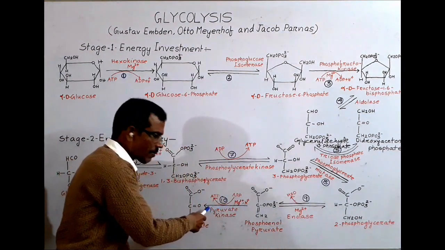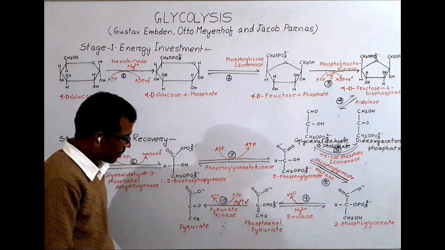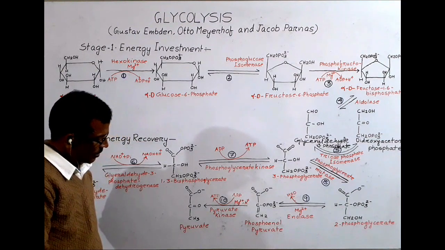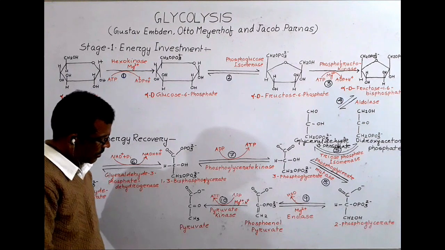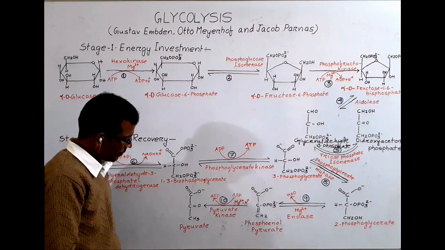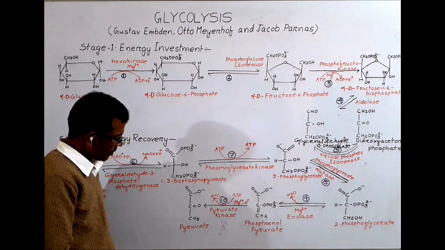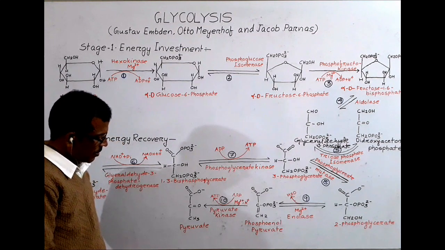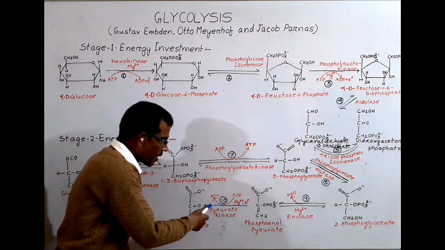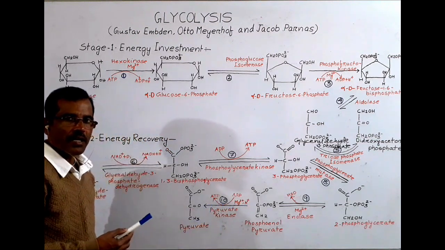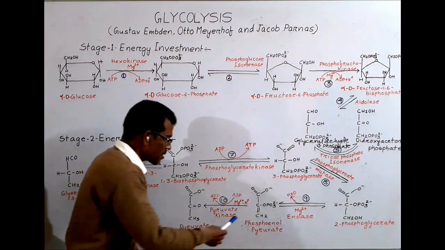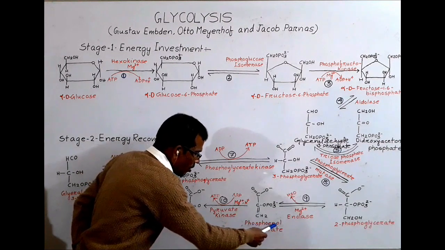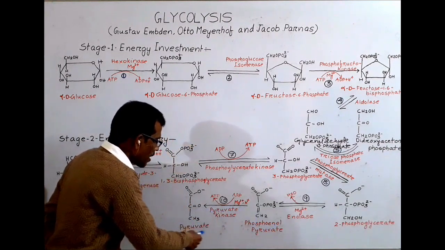Reaction 10 of glycolysis. Reaction 10, which is the last reaction of glycolysis, is the conversion of phosphoenolpyruvate to pyruvate.